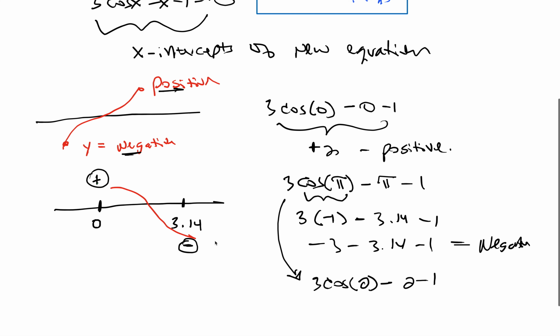So we know that there's a root, because with one cosine value we got this entire thing to be positive, right? And then we did it again, and we got the entire thing to be negative, right? So we know the y values are switching signs.